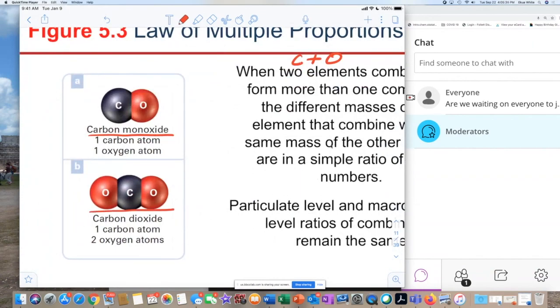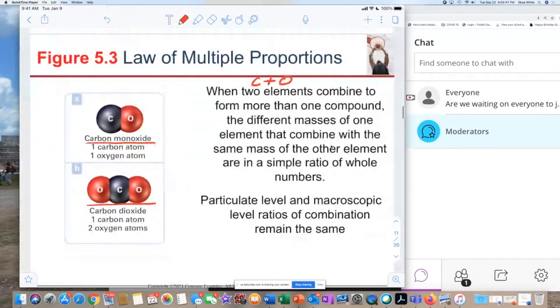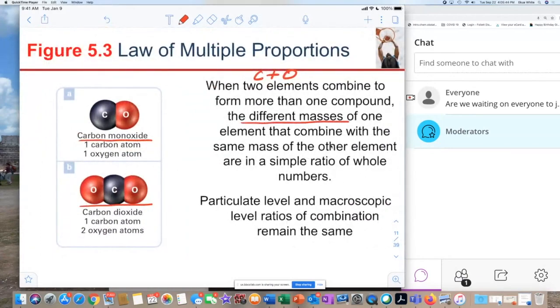If these two elements combine to form two different compounds, carbon monoxide and carbon dioxide, then different masses of one element, you can see in the first formula, you have one carbon for one oxygen. In the second one, you have one carbon for two oxygens.